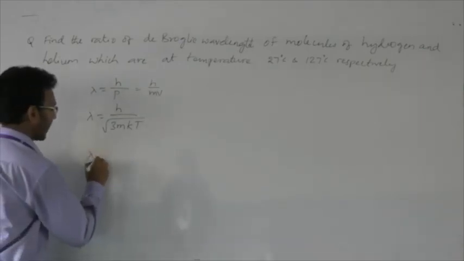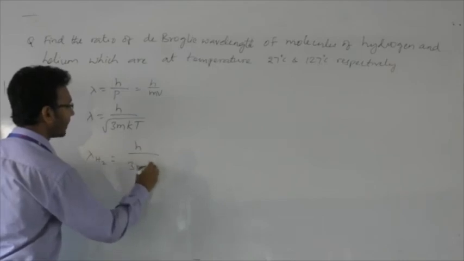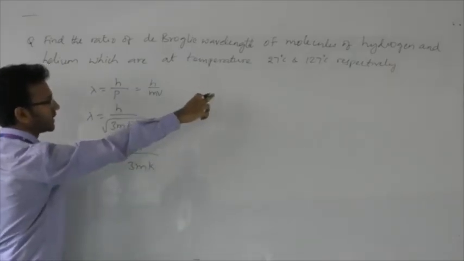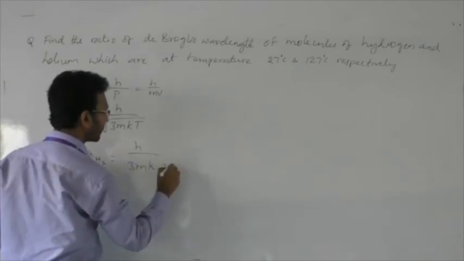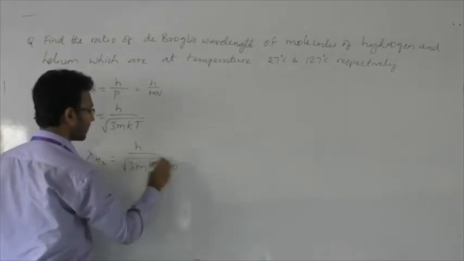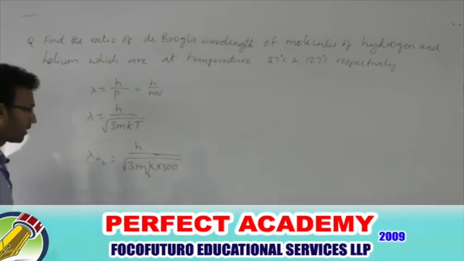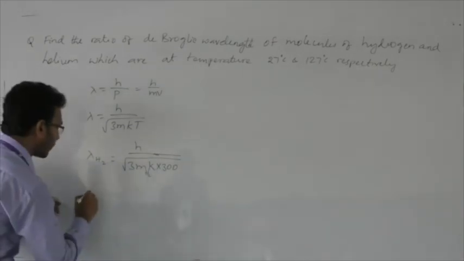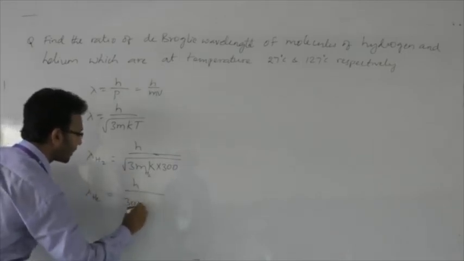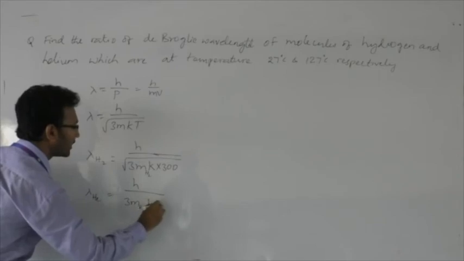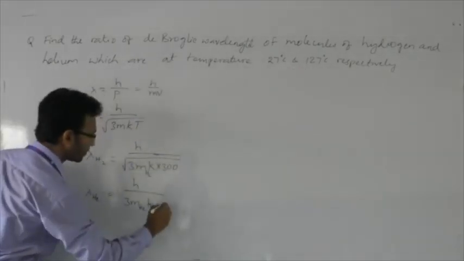Lambda of hydrogen H2 equals h by root 3mk, where the temperature is 27 degrees centigrade. 27 plus 273 is 300. This is the mass of hydrogen, and k is the Boltzmann constant. Now for helium, it is h by root of 3 into mass of helium, Boltzmann constant, into 273 plus 127, which gives 400.